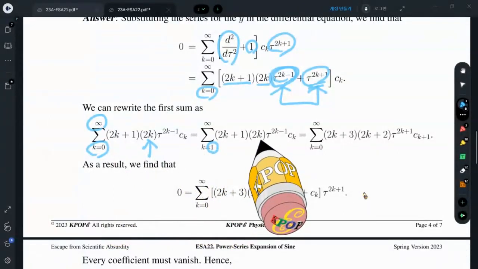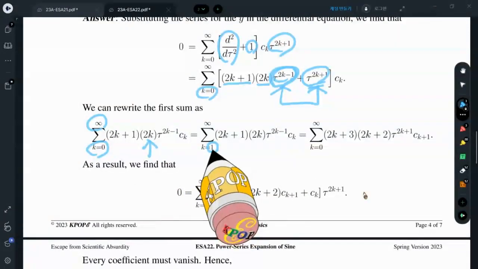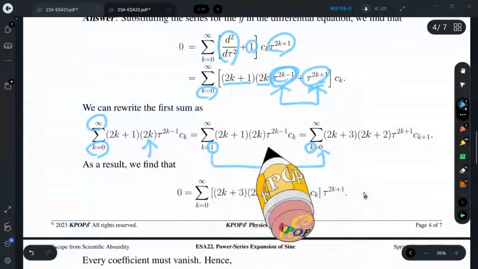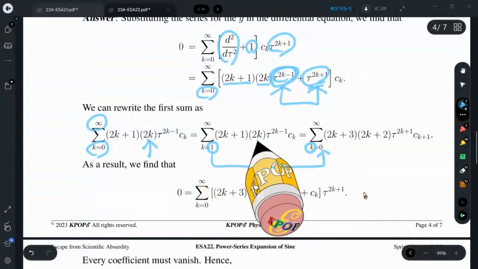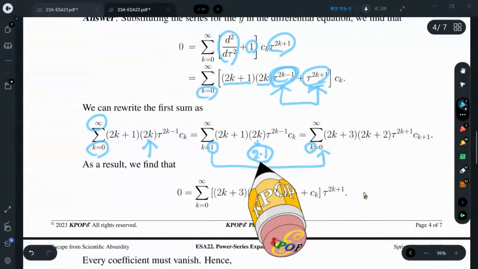And then why don't we shift this variable to k that runs from, if you substitute k equals 1, it is 2 times 1. This is the initial value.